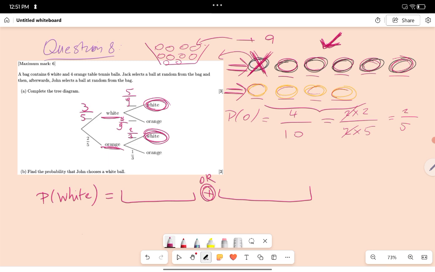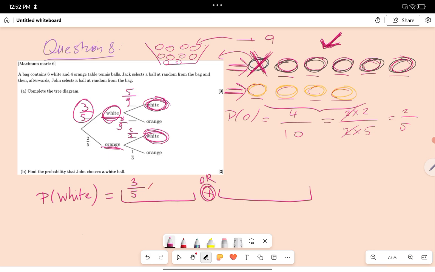So in the first one, we need white up here. So we need to have the white one as the first ball. So we need 3 over 5 as the probability of taking a white one first. And then, guys, we have to multiply by this one. We have to follow the branch, basically. So if we want to get here, we have to follow the branch, and we need to follow the probabilities and multiply them.